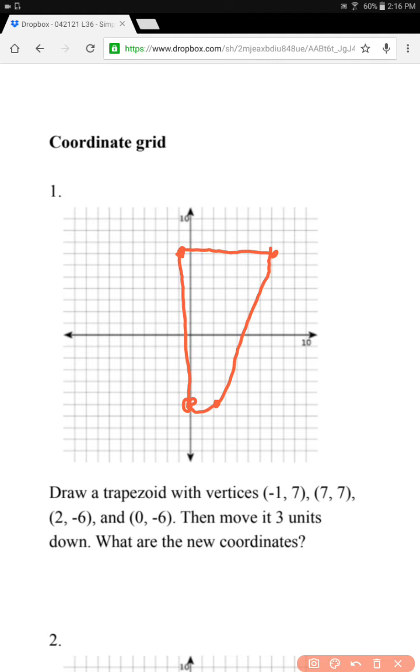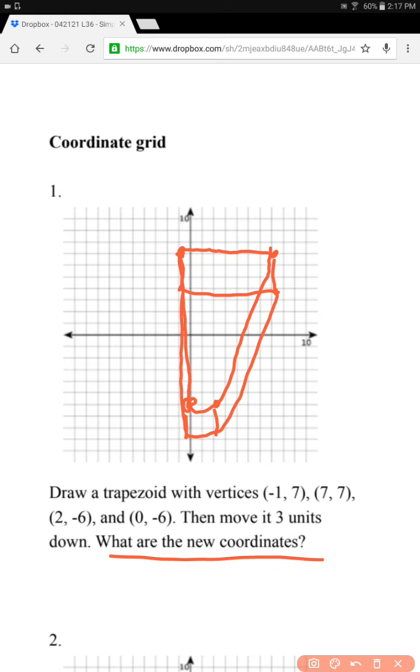And then move it 3 units down. So you can move each of these points 3 units down, and then your new trapezoid would look something like this. And then you could look at them and figure out what the coordinates are, but that takes a longer time.